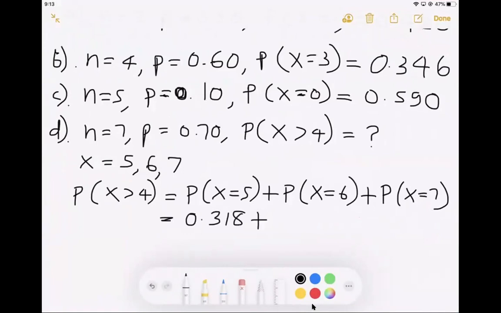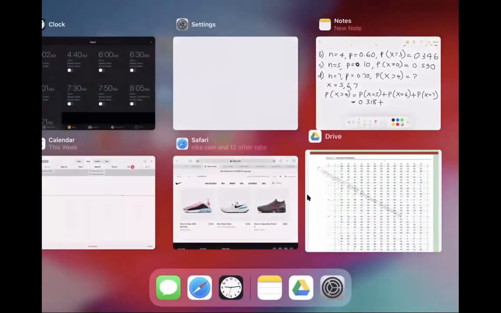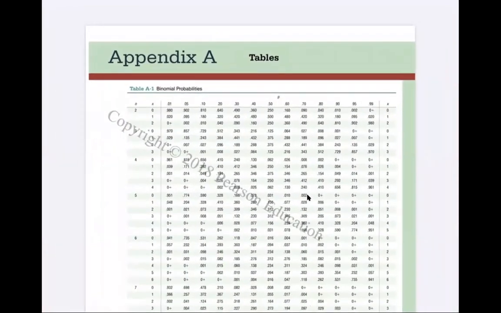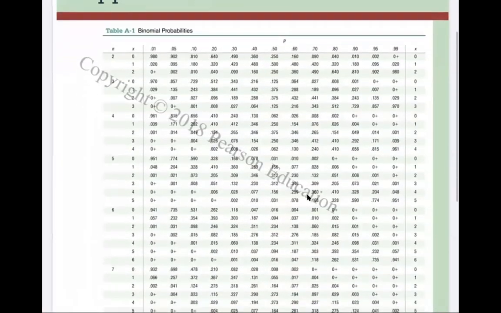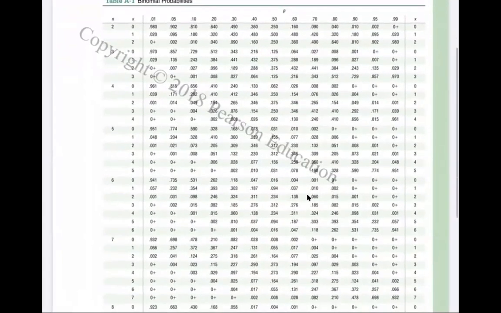Then next one, n is 7, p is 0.7, x is 6. Okay, here n is 7, x is 6, p is 0.7. So next value will be this, 0.274.